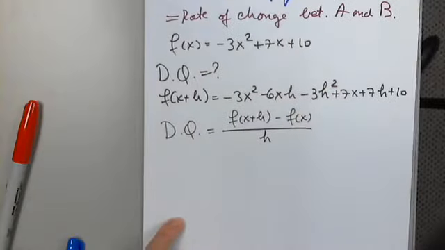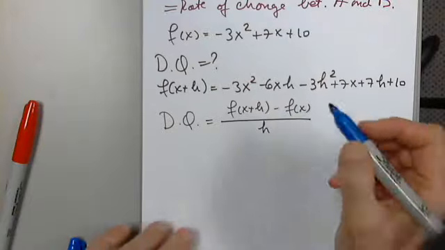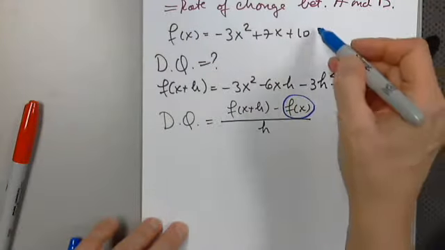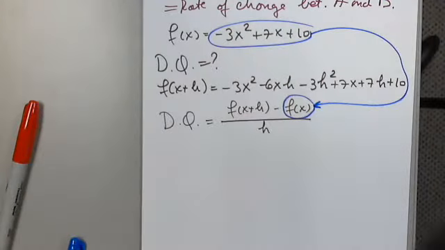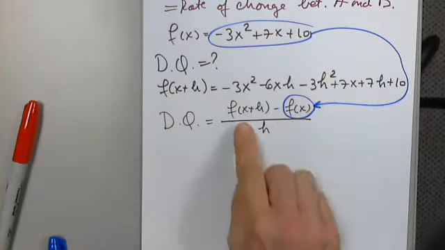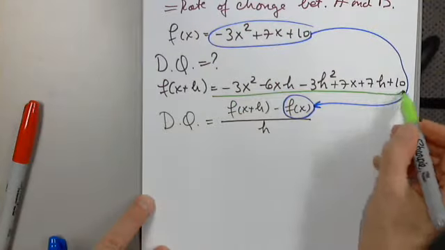I just copied it from what we came up with. So now, let's analyze what we have and what we don't have. This is the function. I have it. Then, do I have f of x plus h? Yes. I already determined it.